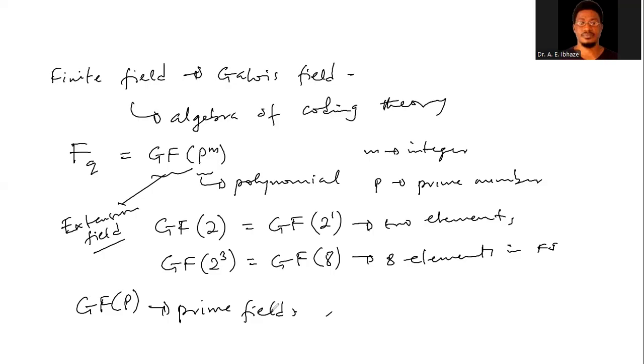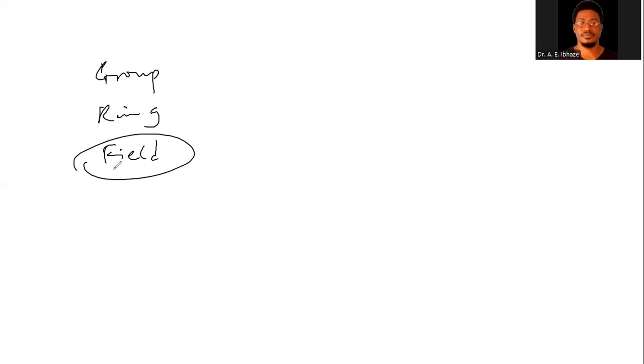Okay, so now for us to have a field, it means that there are stages to this. Okay, so we have group, we have ring, we have field. Okay, so our point of emphasis is the field, largely because we can perform addition operation, subtraction operation, multiplication operation, and inversion operation.